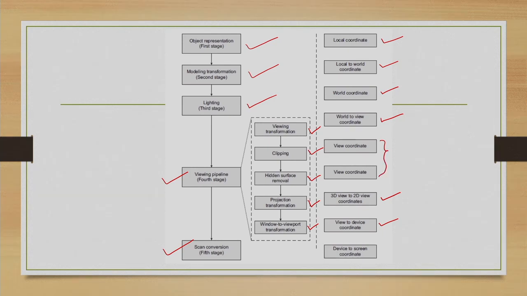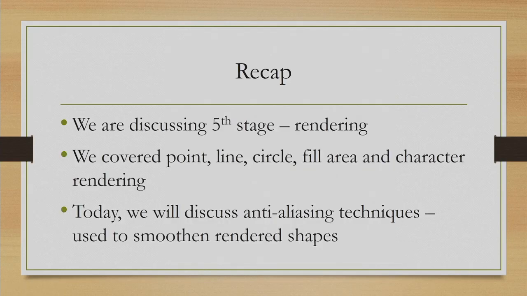The fifth stage, that is scan conversion, is also related to transformation, where we transform this device coordinate description of a scene to a screen coordinate or pixel grid. Currently, we are discussing on this fifth stage, that is scan conversion. Now, here in this stage we have already covered few topics, namely how to convert point, line, circle, fill area and characters.